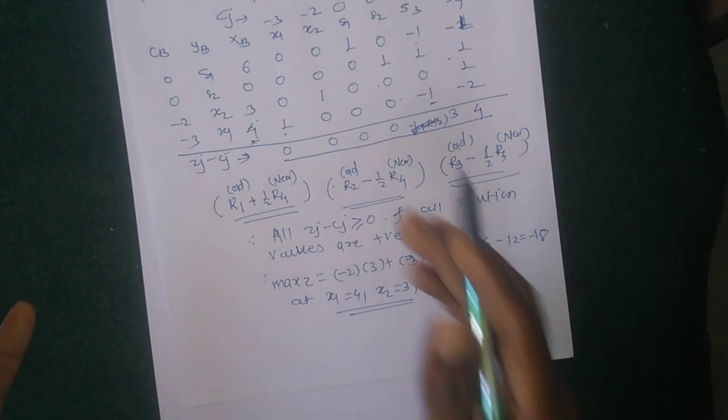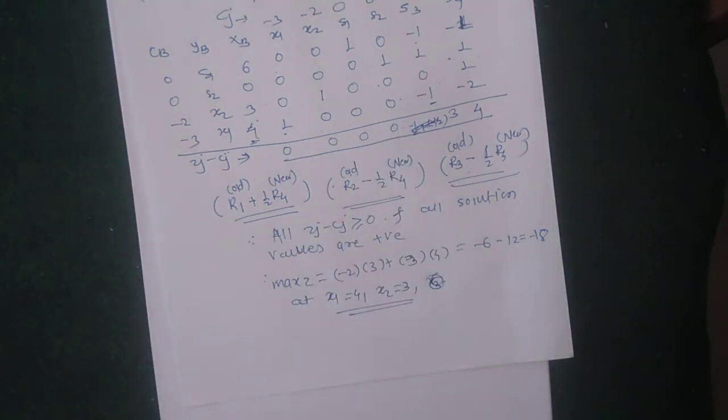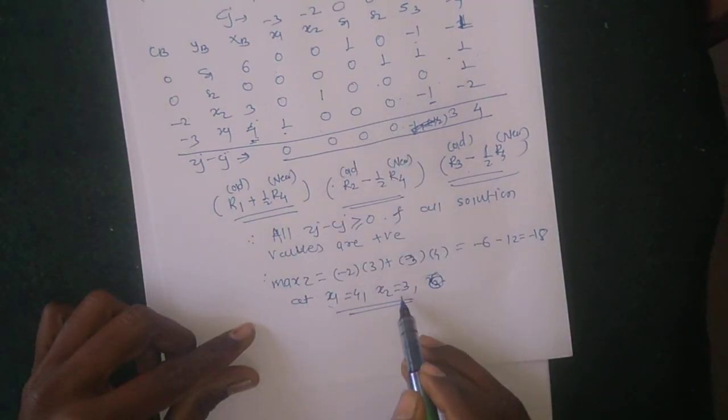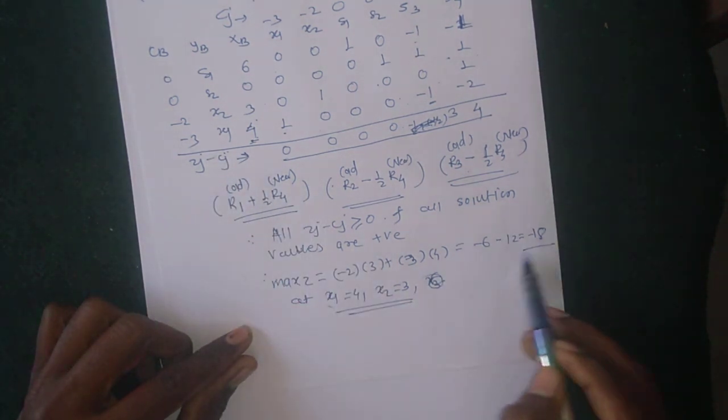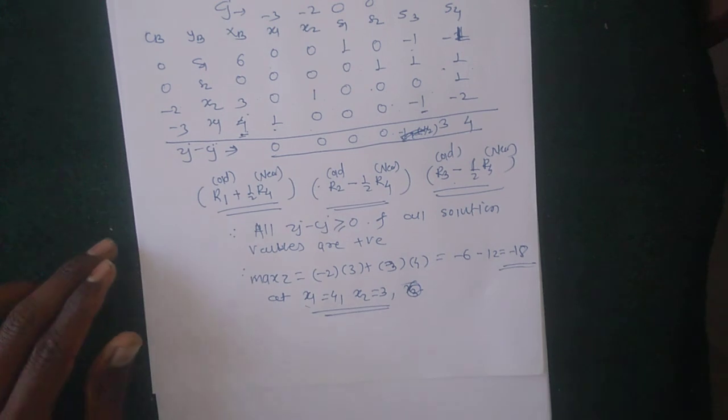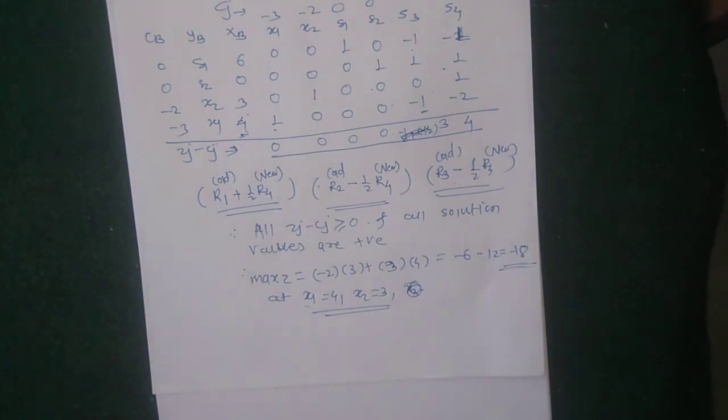S3 and s4 are not variables in the given problem, only two variables are given. So x1 is equal to 4 and x2 is equal to 3, and the value is minus 18. This is the solution of our given problem by using the dual simplex method.